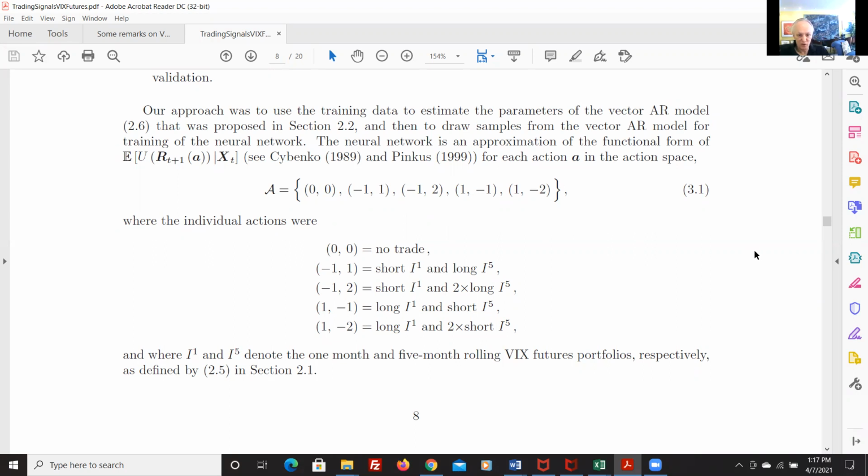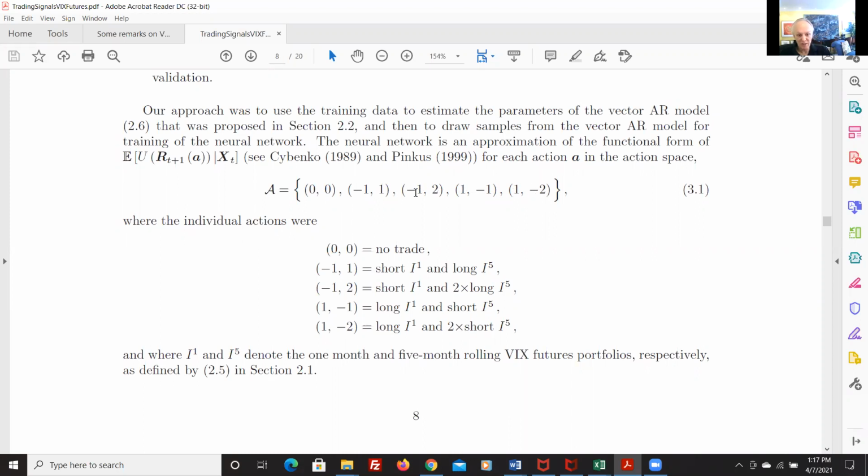We're actually going to work with specific 1 month and 5 months. So we short the 1 month and go long the 5 month roll, or we go short the 1 month and go twice the 5 months. And the other possibility, which is essentially contract neutral, or 1 to 2.